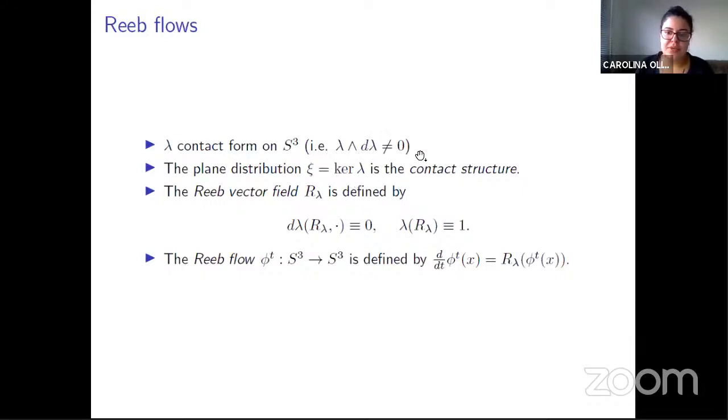Associated to a contact form, we have the contact structure defined as its kernel. And we have the Reeb vector field, defined by requiring that it is in the kernel of d lambda, which is one-dimensional, and normalized so that lambda of R equals 1. The Reeb flow is just the flow of the Reeb vector field.